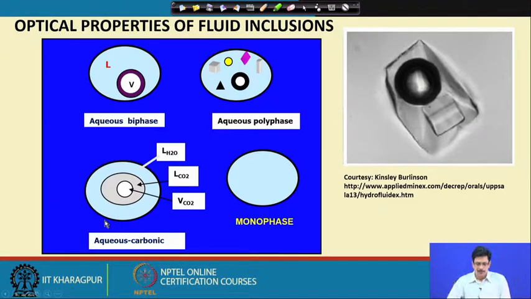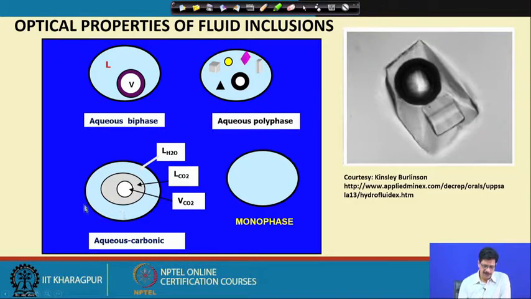Okay, so what are the other types of inclusions that we can see, and accordingly how do we classify them? This we have already seen: the aqueous biphase inclusion with liquid plus vapor. We will explain these in terms of a very simple phase diagram, which we will keep revisiting for our understanding.